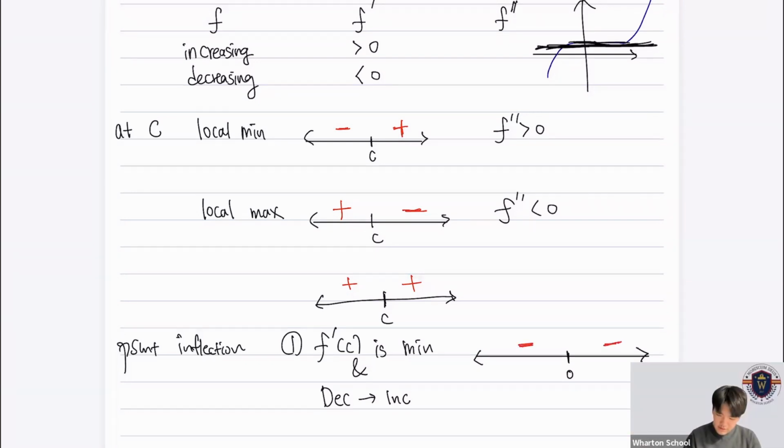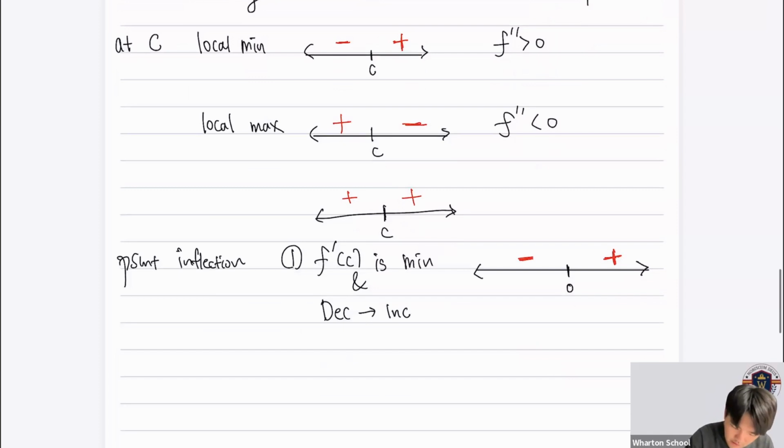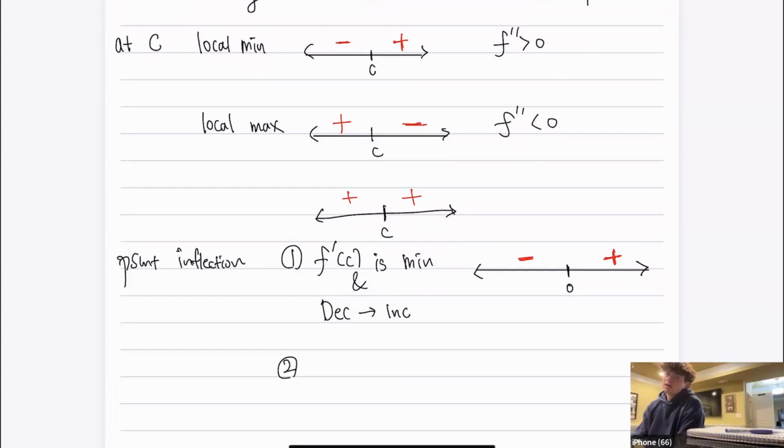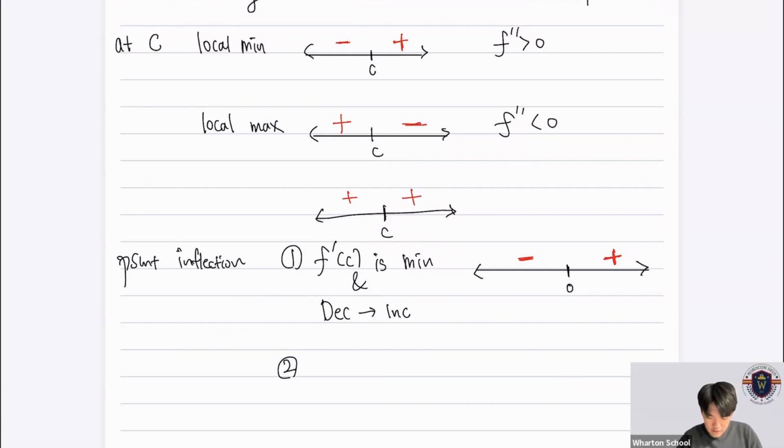Like this, right? It should be going like that. And then the other way, it's opposite. If f prime is a max, then f double prime is going from positive to negative.